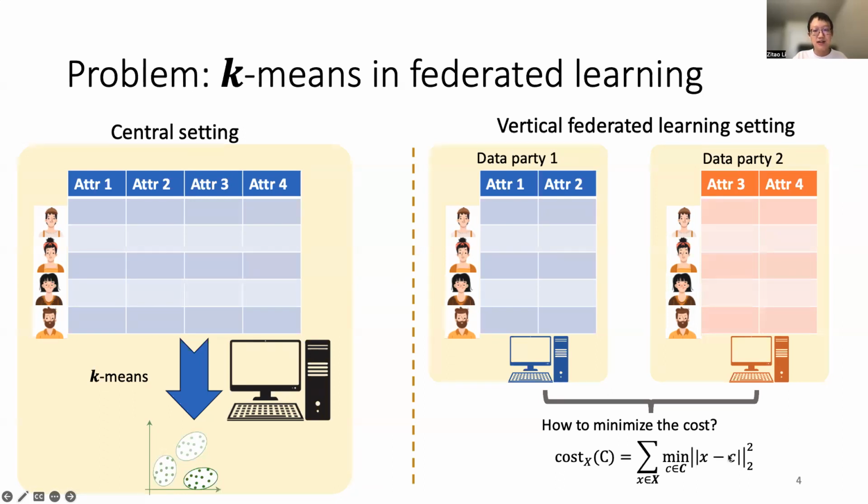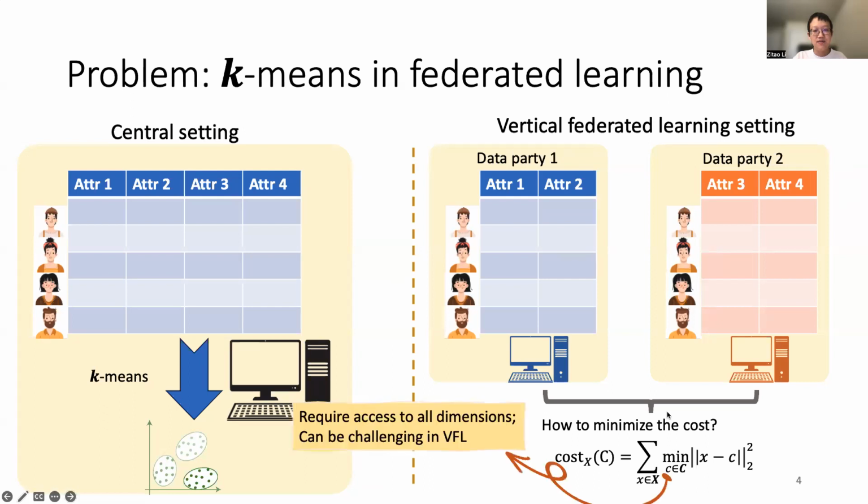However, in the vertical setting, a user's data are distributed across multiple data holders. Calculating the distance of the user data to the center involves communication between the data parties and the server. This operation can be very expensive and also very easy to leak too much detailed information about a user's data point.